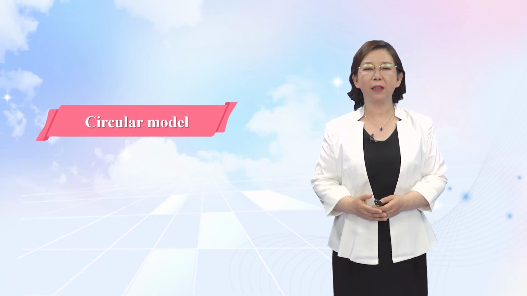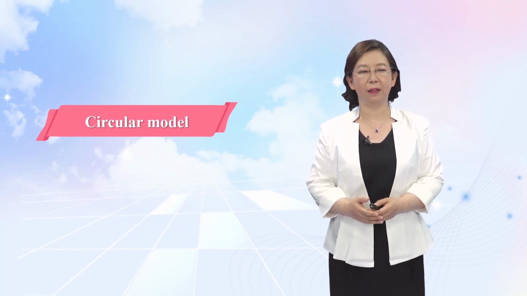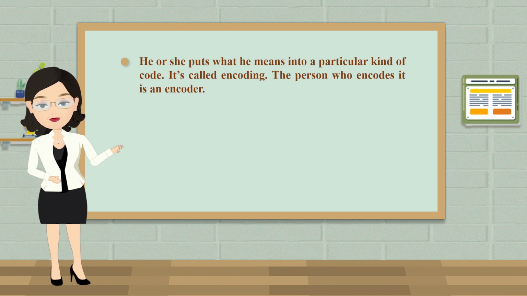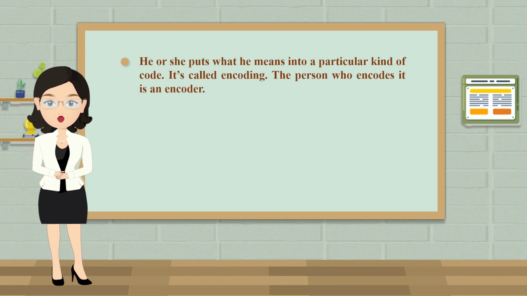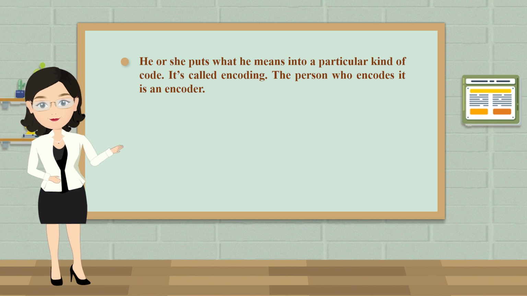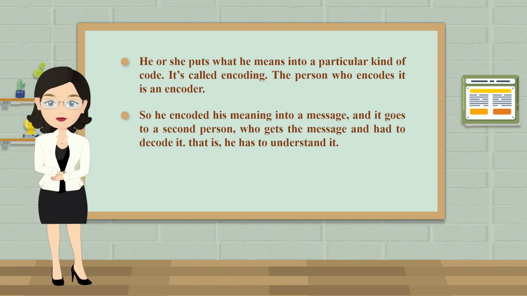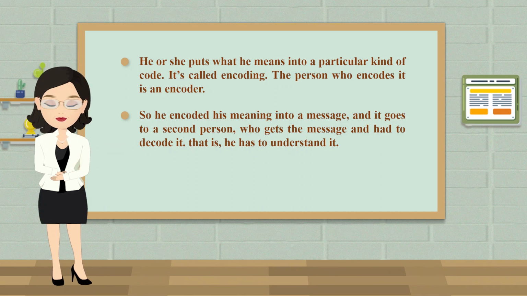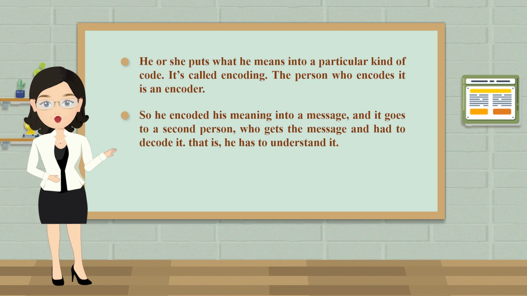Then let's look at what the circular model is. He or she puts what he means into a particular kind of code. It's called encoding. The person who encodes it is an encoder. So he encoded his meaning into a message, and it goes to a second person who gets the message and has to decode it. That is, he has to understand it.